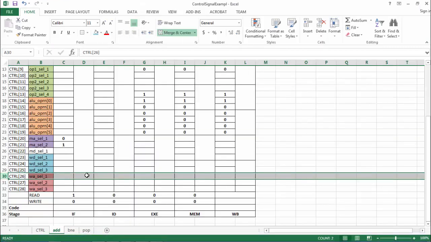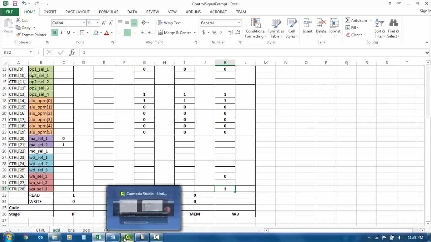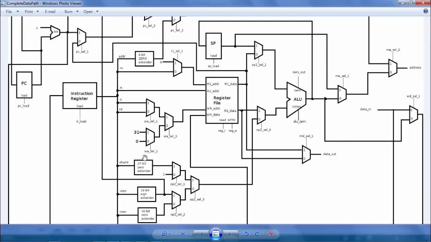So that's important, and WS selection 2 is not important, which is don't care for me.